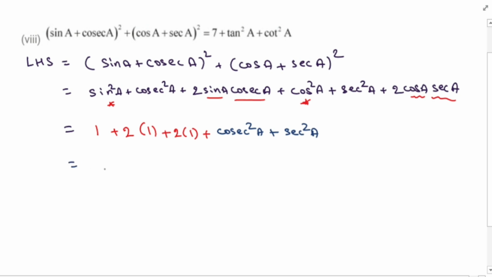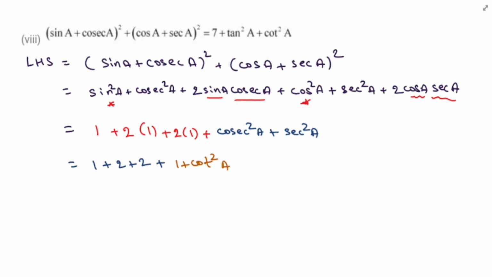This equals 1 plus 2 plus 2 plus cosecant square A, which can be written as 1 plus cot square A. Similarly, plus secant square A can be written as 1 plus tan square A using the identities.